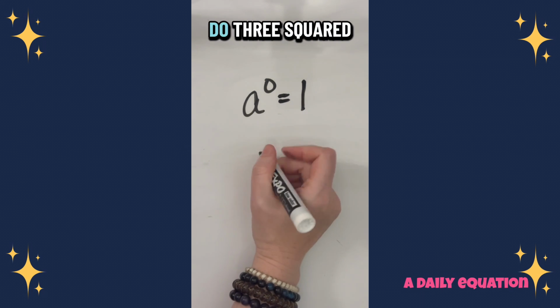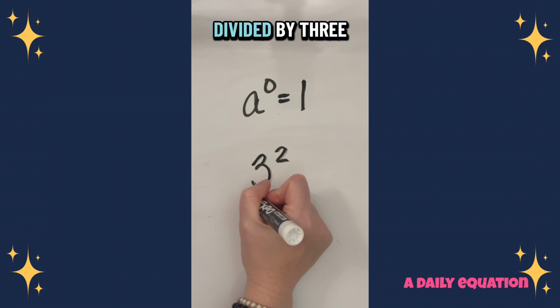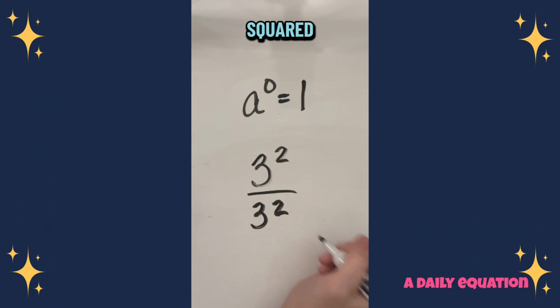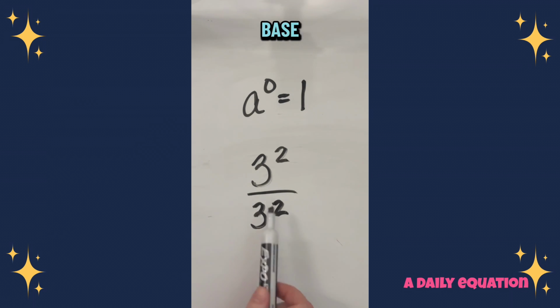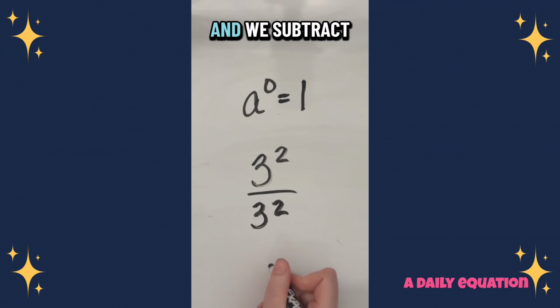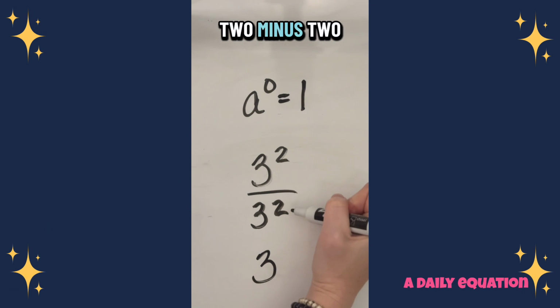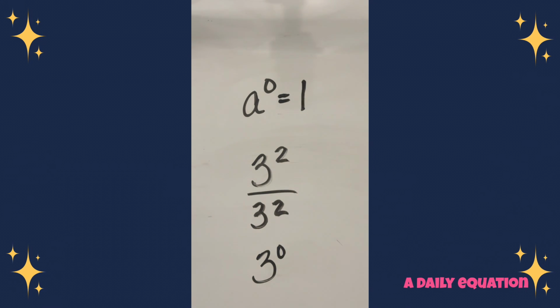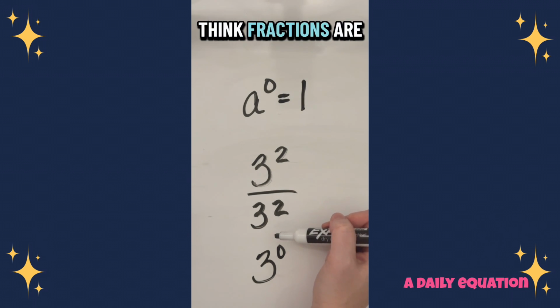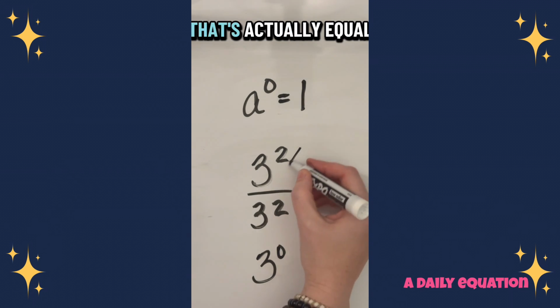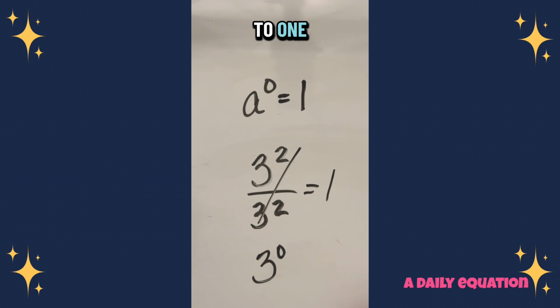I'm going to do 3 squared divided by 3 squared. Now, we know that when we are dividing powers with the same base, we keep the base of 3 and we subtract our exponents. 2 minus 2 is 0. We also know that when the numerator and the denominator, think fractions, are the same, that's actually equal to 1.